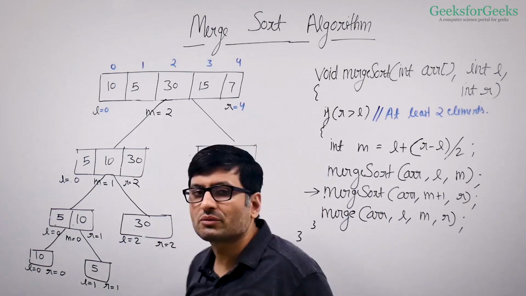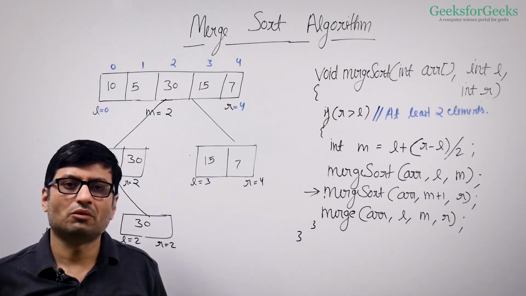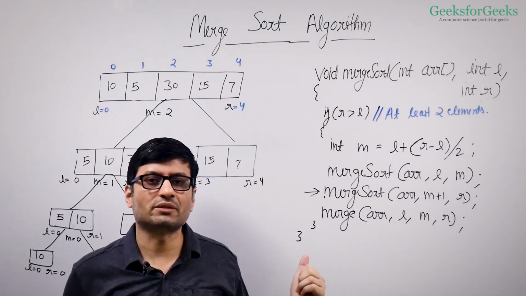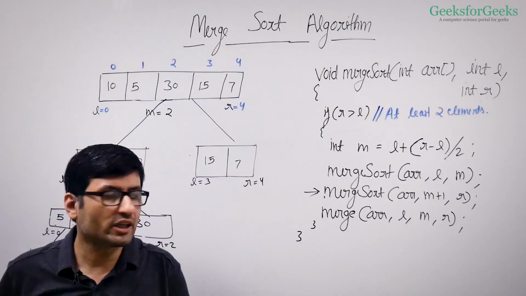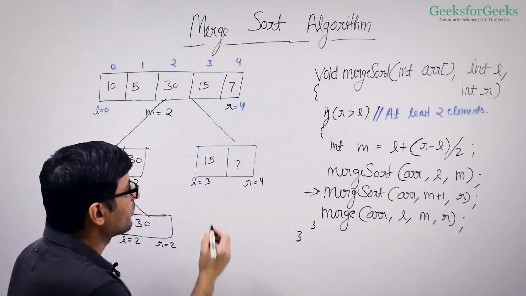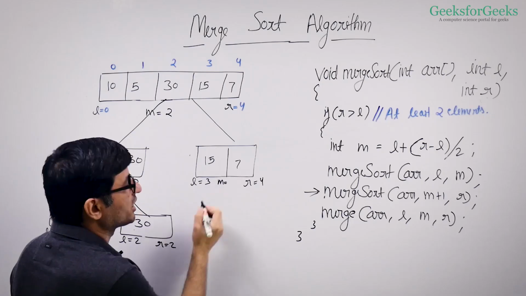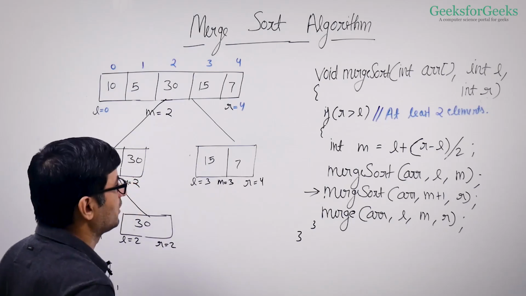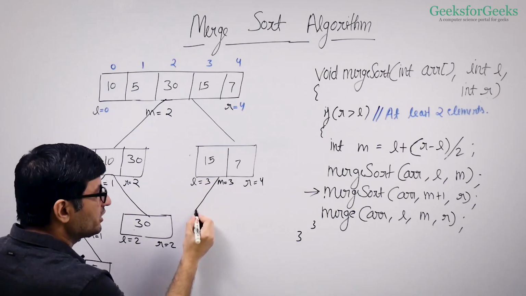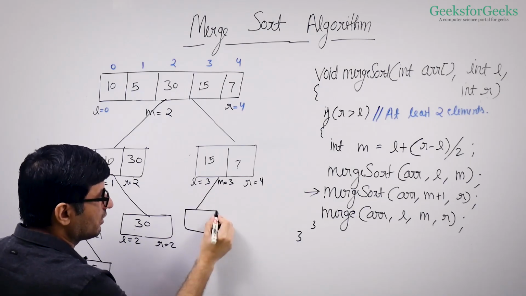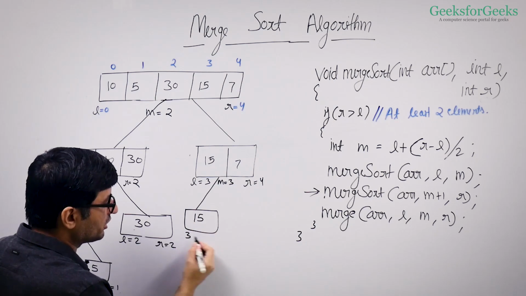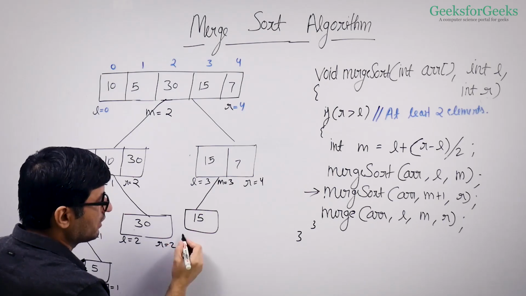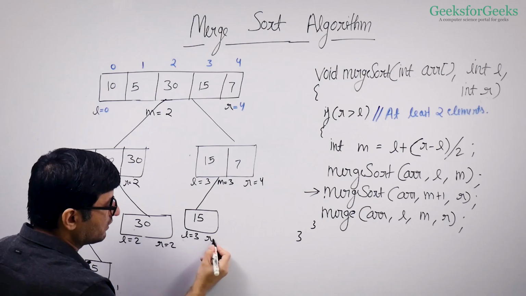Now what will this recursive call do? First it will find the midpoint and then make recursive calls. What is the midpoint for this? 3 plus 4 by 2, which is 3. So it will make two recursive calls. L to M, which means 3 to 3, L is 3 and R is 3.